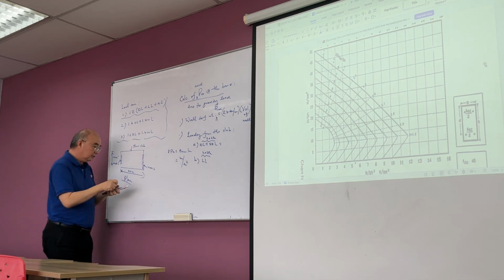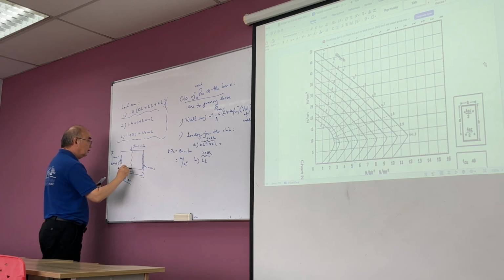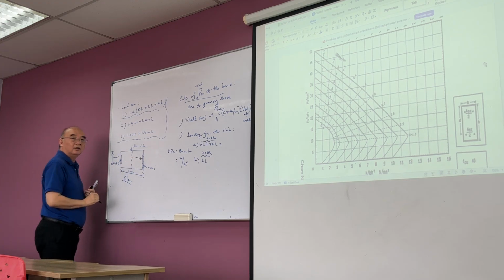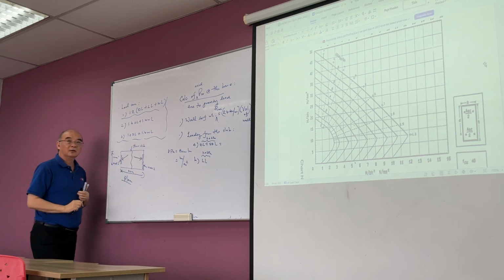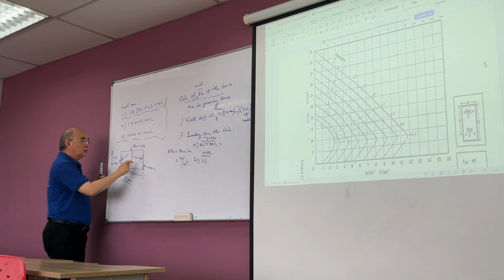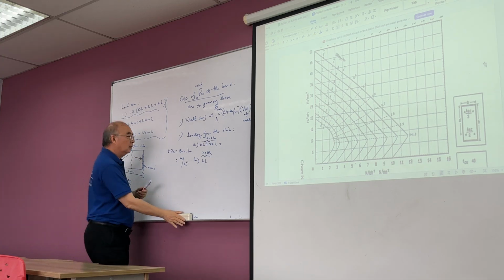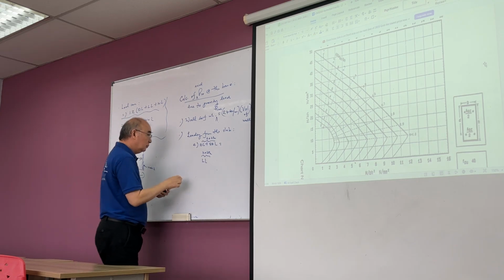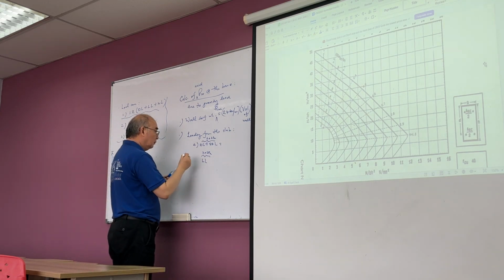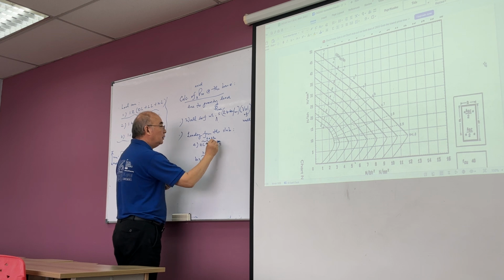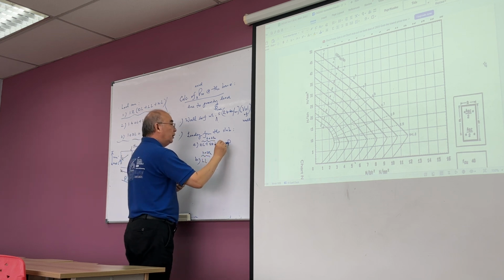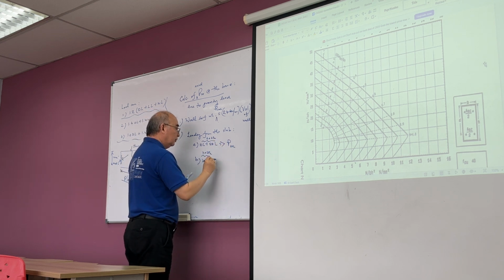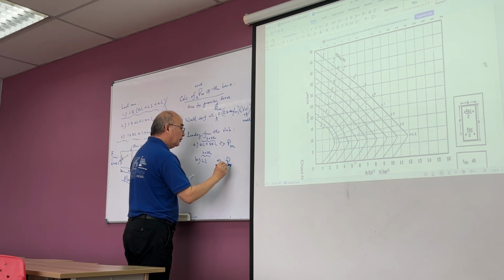Half of it goes to one wall, the other half goes to the other wall. So for the loading, here I need PSDL and PSLL.